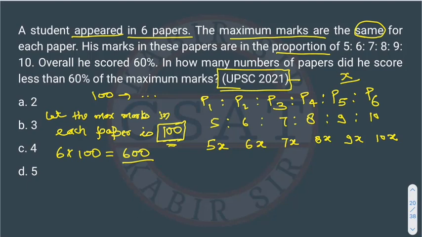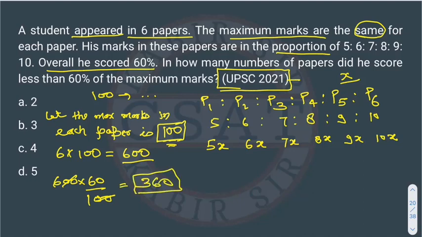Okay. So overall, what is the score of the student? He is scoring 60%. So 60% of 600. What is 60% of 600? It will be 360. So the student scored 360.